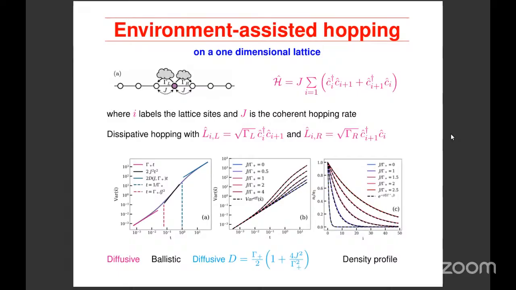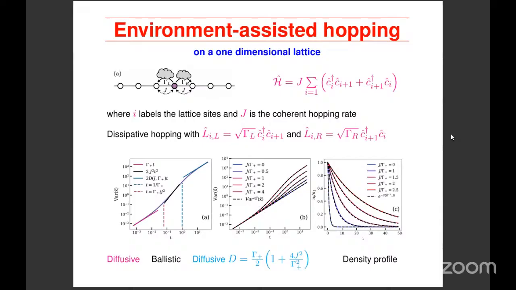We solve the Lindblad equation with different kinds of tricks that my collaborators know very well because they have been working on these problems for a long time. And basically what you do is you compute the variance of the position that I told you before. And what you find is that as a function of time, if you choose the parameters in an intelligent way, so if you choose this J and this gamma and this other gamma, you will see that there are three regimes that appear.